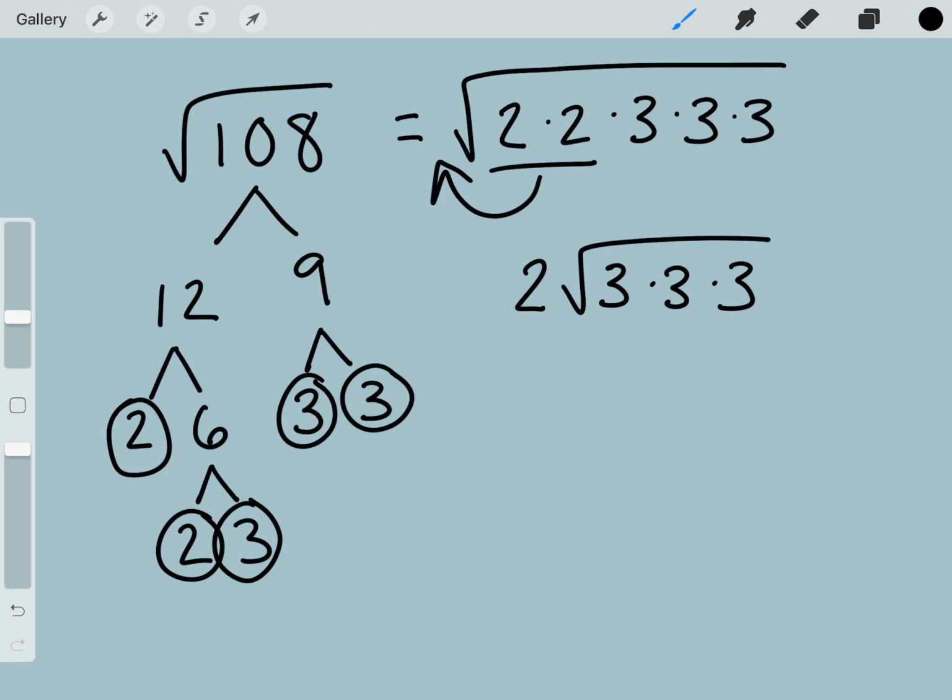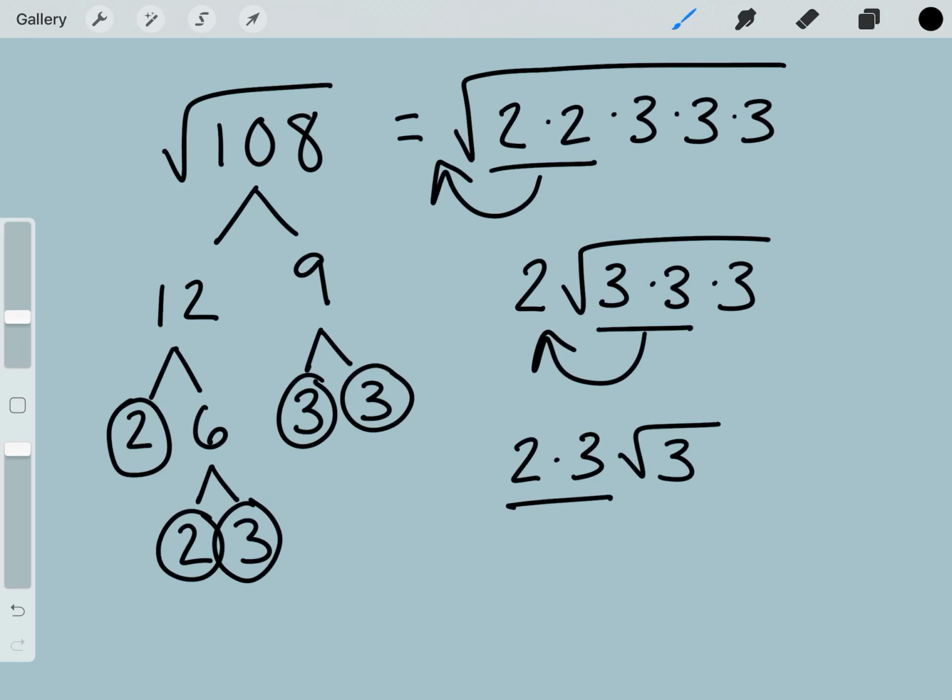So now all I'm really looking for are pairs, right? Because we're undoing the squaring of something multiplying by itself once. So we have to only find pairs of numbers that can leave. So one pair of 3s can leave, but that third 3 is going to be remaining. So there's a 2 that leaves, a 3 that leaves, but there's still that lonely 3 left inside the radical.